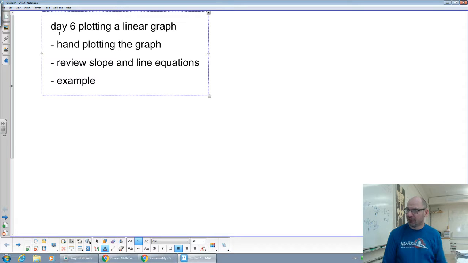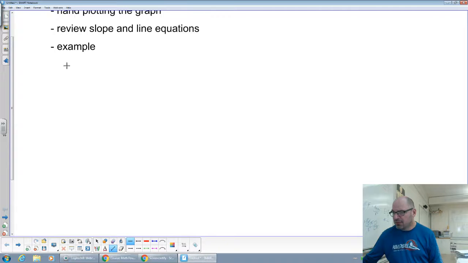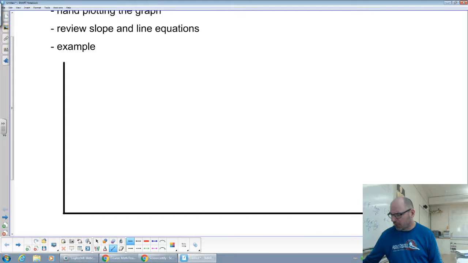So let's start off with just reviewing the slope and the line equation. If we have a regular type graph, say we'll just sketch it out, here's our axes. We're not going to bother with the squares.